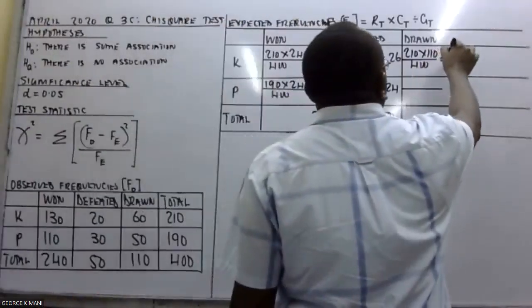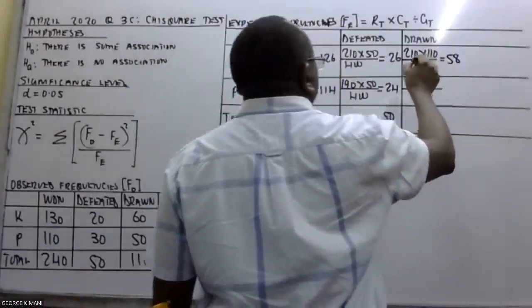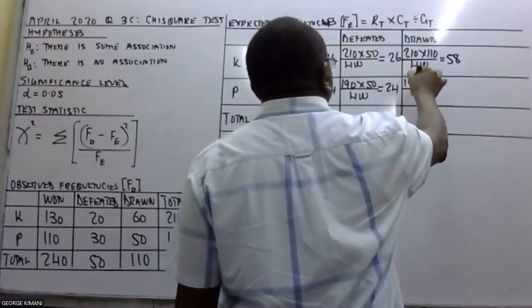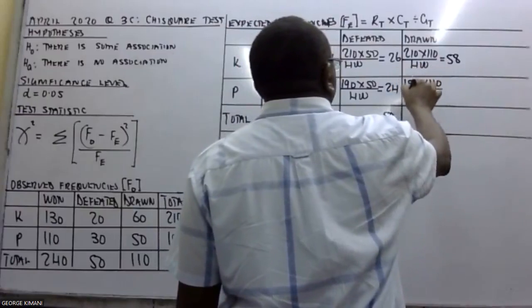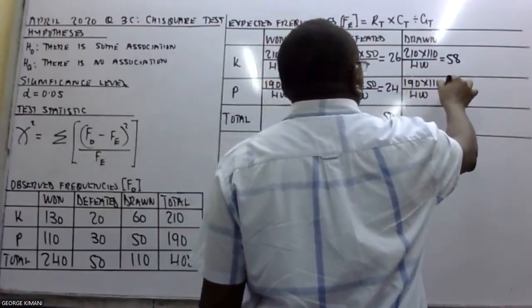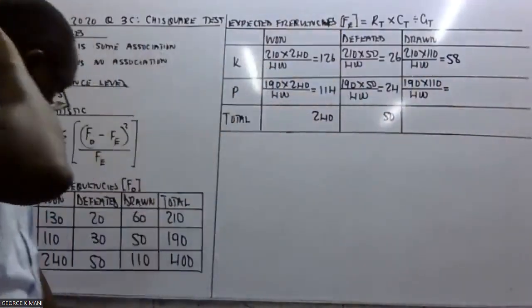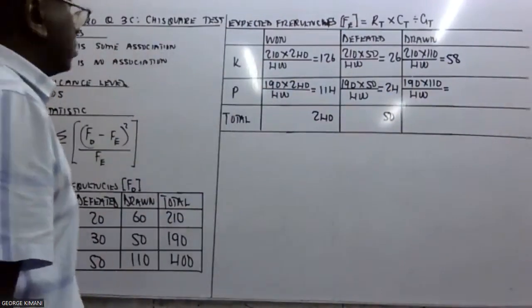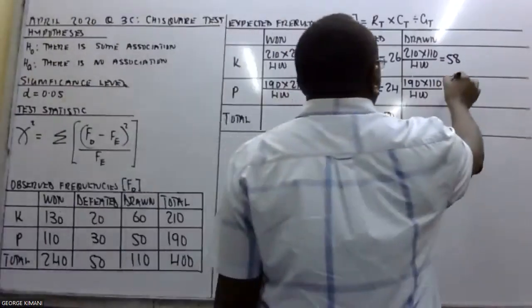You can make it 58. Then 190 times 110. So you can make it 52, right?